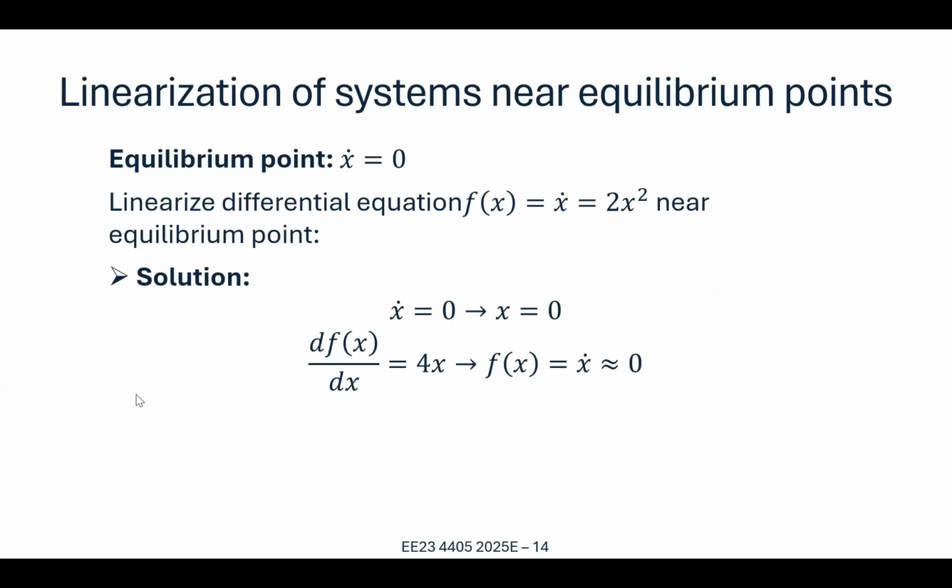All right, so lastly, we have the linearization of systems near equilibrium points. Our equilibrium point here is where x dot is 0.